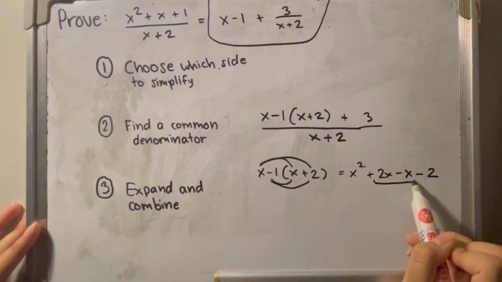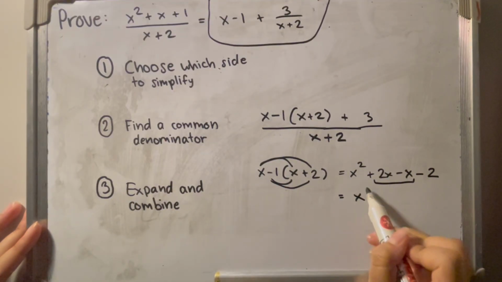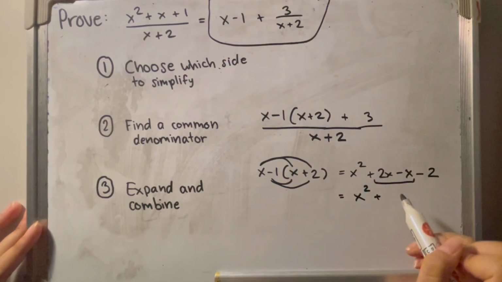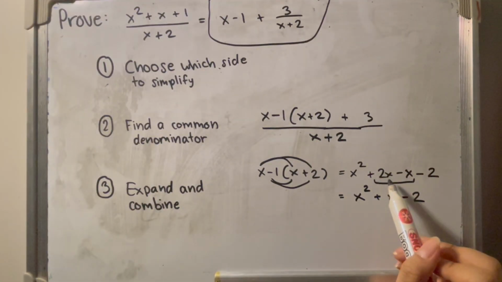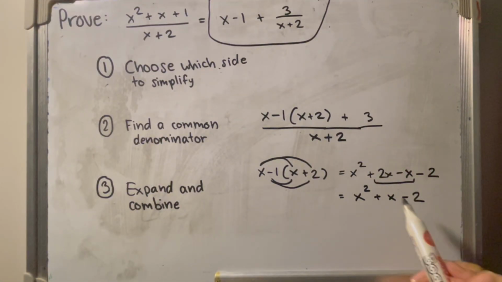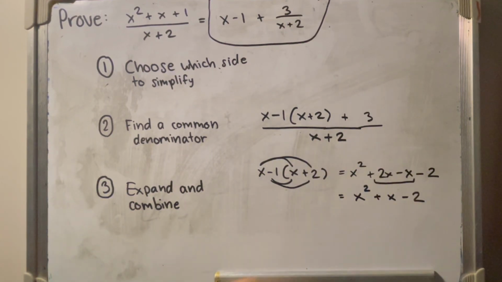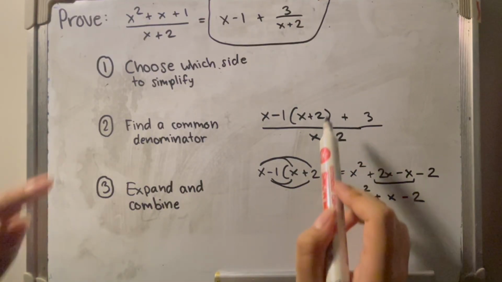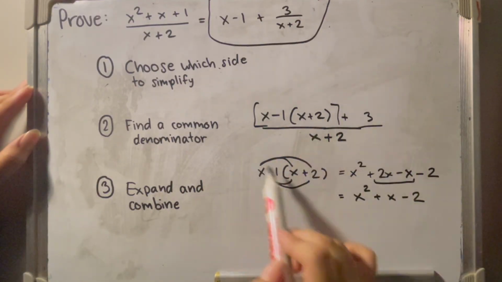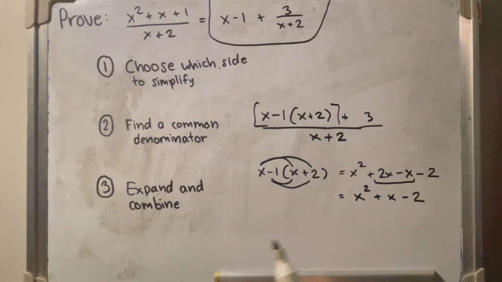And we can combine this in order to become x squared plus x minus 2, because this is essentially 2x minus 1x, which is 1x, but you don't need to write the number 1 in the same term with x. Now we have to add the remaining 3 from the numerator, because we haven't added that yet. We were only focusing on this in order to do the FOIL method. So we have to add this with 3.